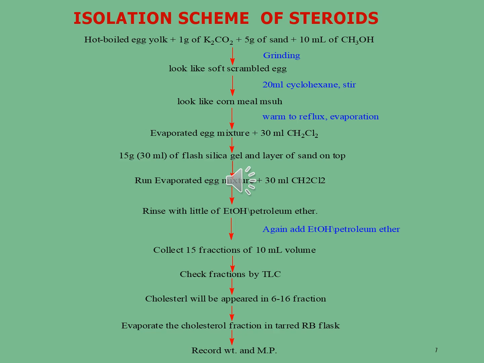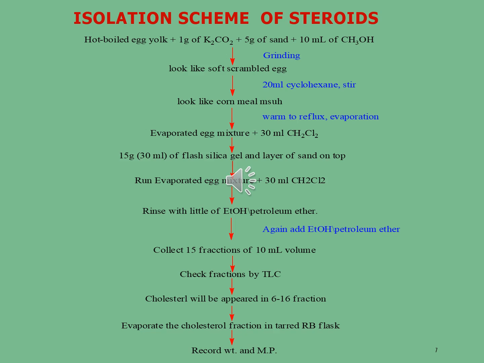After that, the whole column is eluted with 30 ml of methylene chloride. Now it is rinsed with ethanol with the help of petroleum ether. After that, again the elution is carried out with the help of ethanol and petroleum ether in a specific ratio.